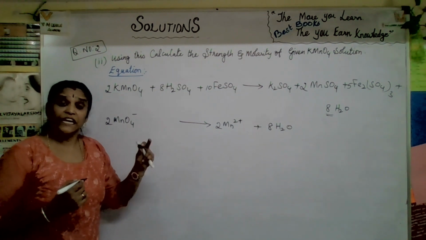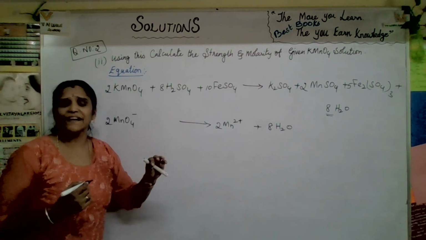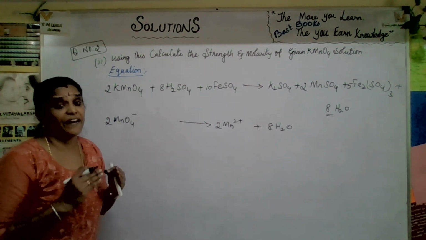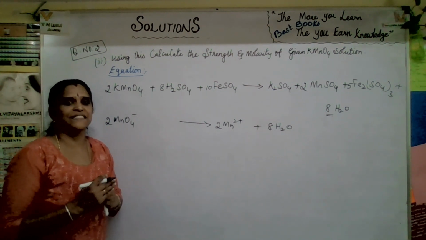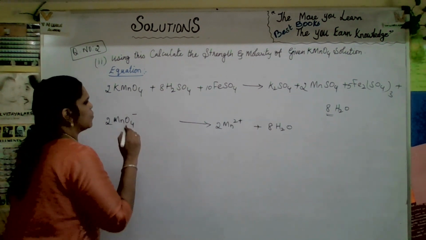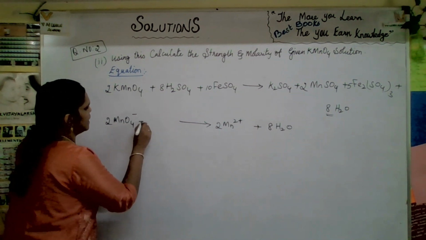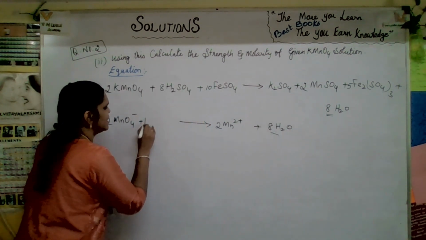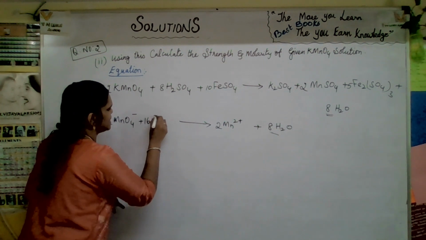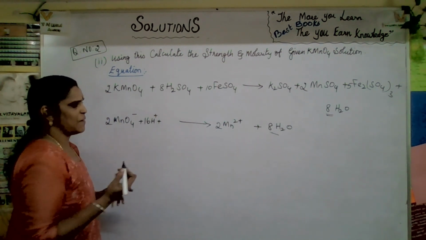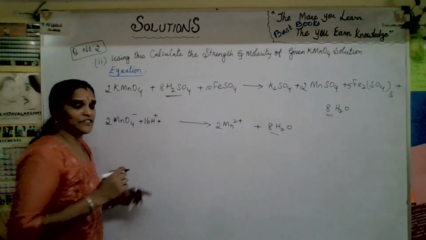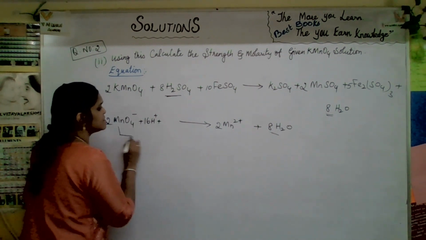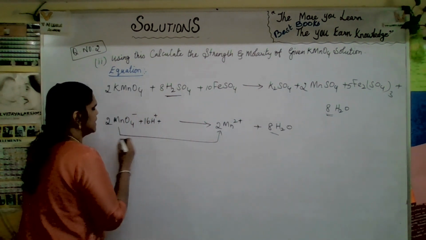In the d and f block elements, I have given a clear idea about redox reactions, so please go through them thoroughly because that's very, very important for practical as well as theory. Right? Okay. Now, the same way here, how many H plus ions? You have to write 16 H plus ions here. And this is acidic medium only, right? Because it is H2SO4, naturally it is an acidic medium. And how many electrons does it require? See, here what it is?